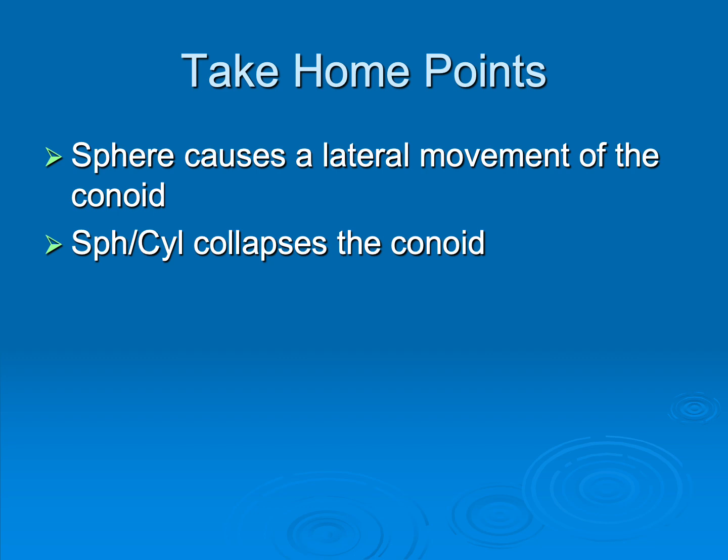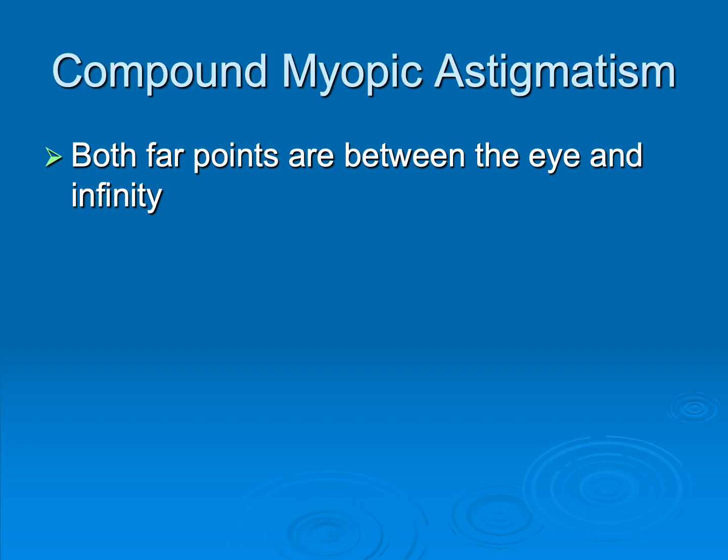So in our example with time travel, we happen to use that -3, and that diverged those rays, shifting the conoid back such that the circle of least confusion was put perfectly on the retina. And that did make them better, but it didn't make them perfect. We didn't get perfect until we collapsed that conoid by adding in cyl to make a spherocylindrical lens.